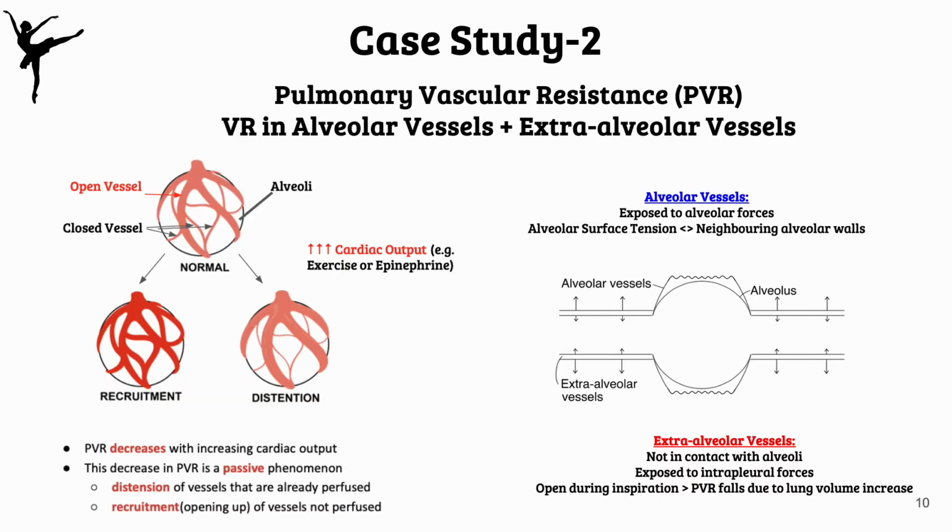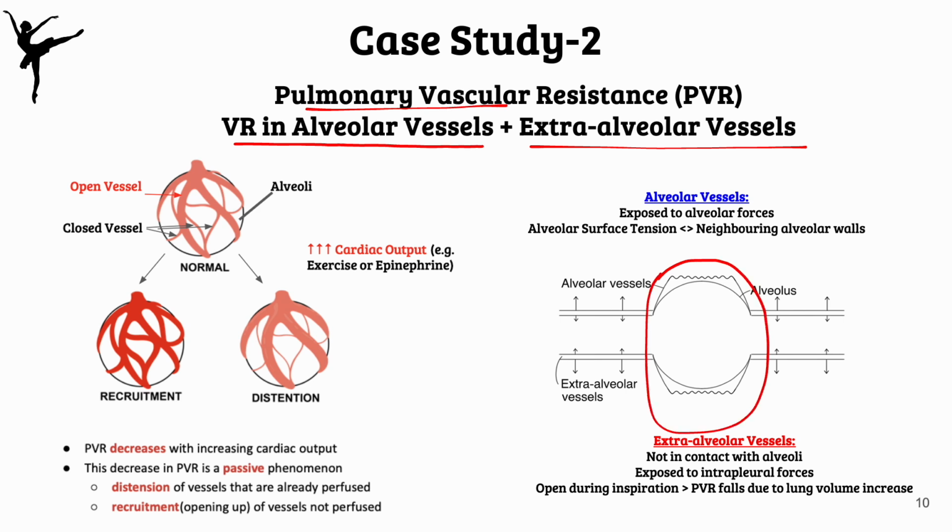Now, this is the pulmonary vascular resistance. It is given by the vascular resistance in both alveolar vessels and extra-alveolar vessels. Alveolar vessels are the ones which are surrounding your alveoli, right? And the ones in the spaces between the alveoli, those capillaries, are called the extra-alveolar vessels or extra-alveolar capillaries.